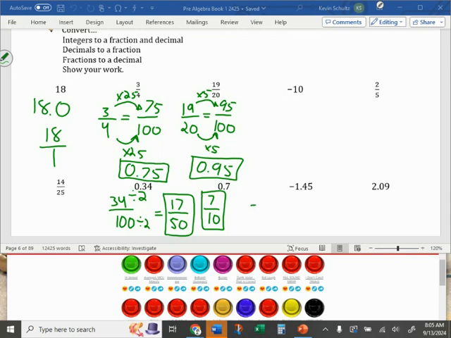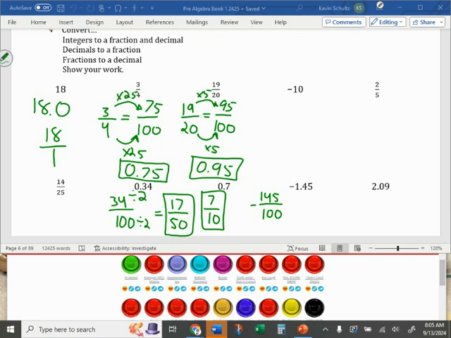Yeah. And the fraction's negative, right? So negative 145 over 100. It makes sense it's an improper fraction here because we have more than a whole, right? Remember the definition of an improper fraction is you have more than a whole, okay? So we still look at how far this goes out. It goes out to the hundredths place. That's why we've got 100 here.